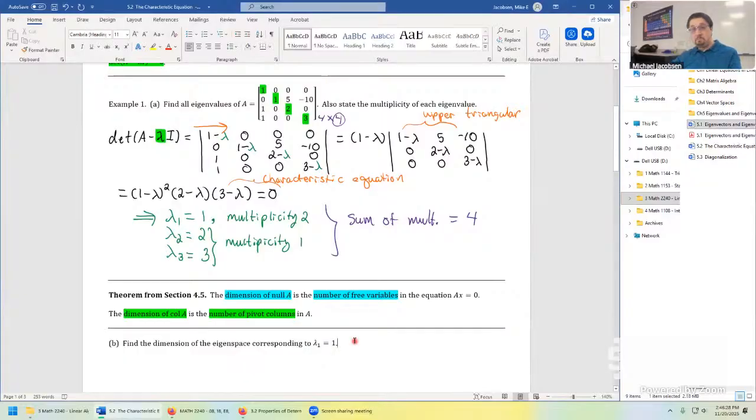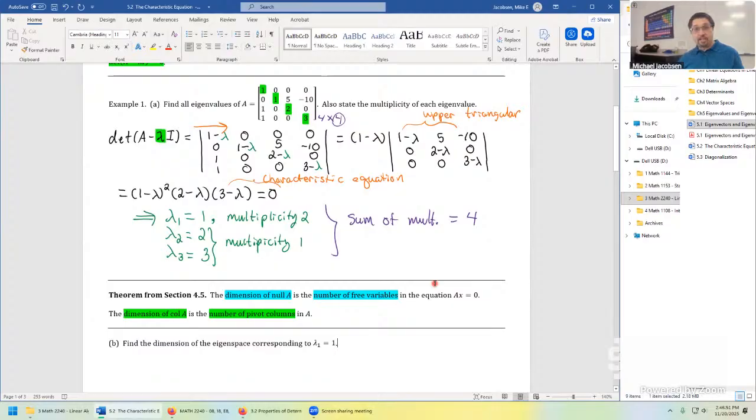So we want to see what is the dimension of the eigenspace corresponding to the highest multiplicity one. We hope dimension 2. But you don't have to work by finding the actual null space to this. You can use just the theorem from section 4.5. The dimension of the null space is just going to be the number of free variables in the equation Ax equals 0.